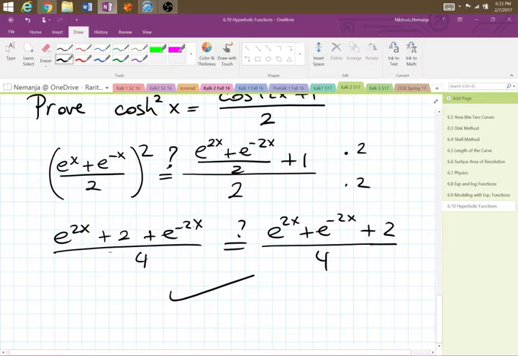I multiply 2 over 2, which is 1. Yeah, we just multiply by 2. All right, good.